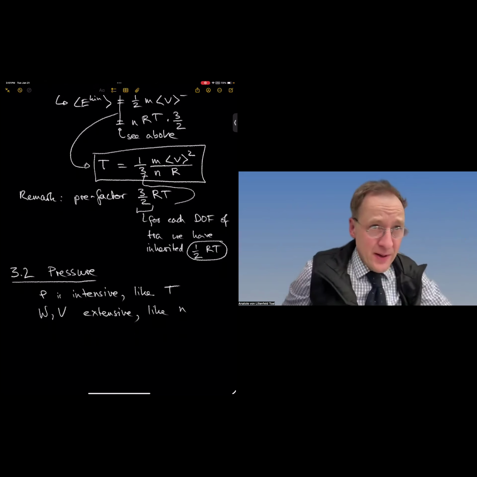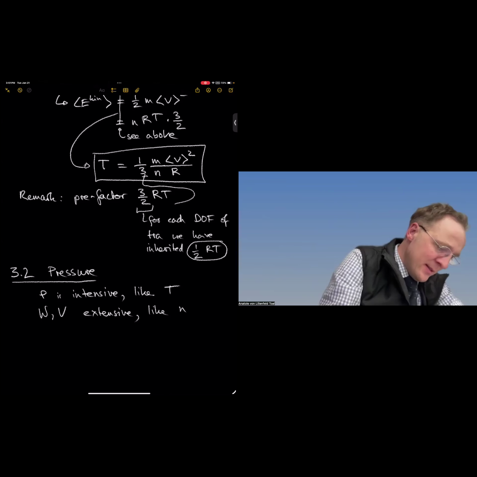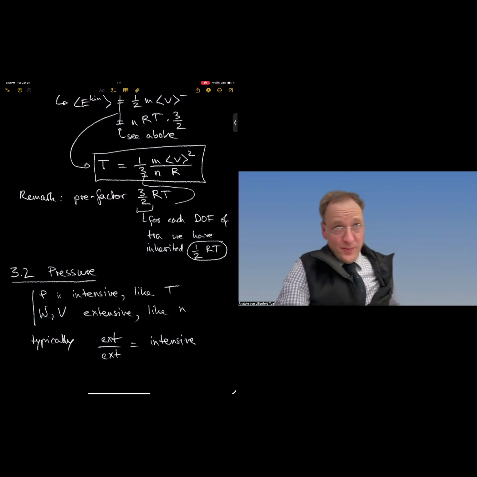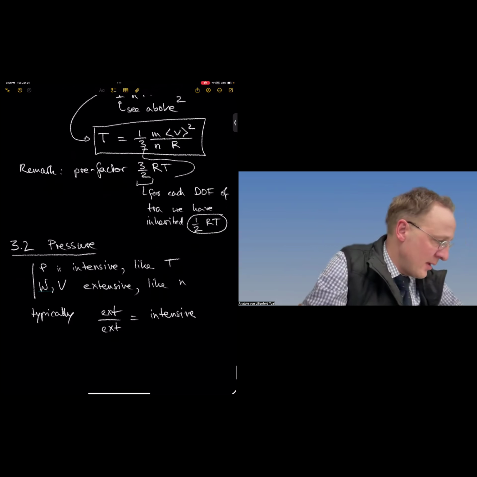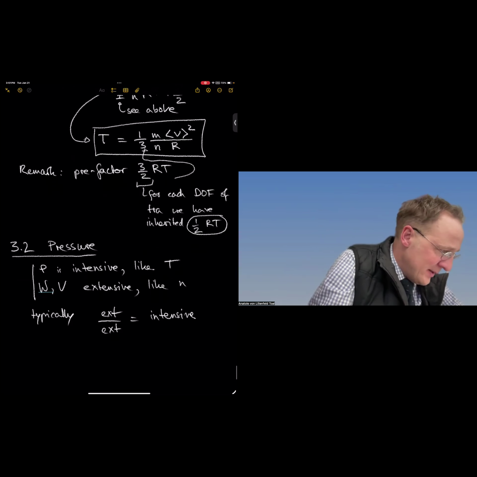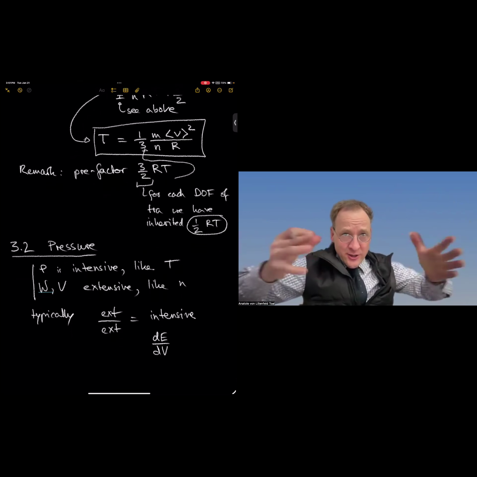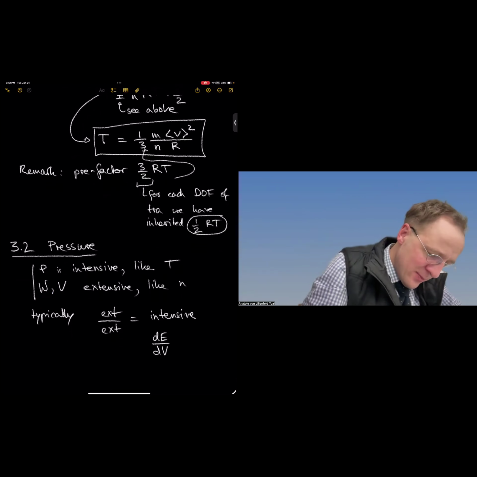There are some simple rules you can use. Typically, if you divide an extensive property by an extensive, you should be getting an intensive property, right? For example, dE by dV. How does the energy change if you change the volume? That's pressure.